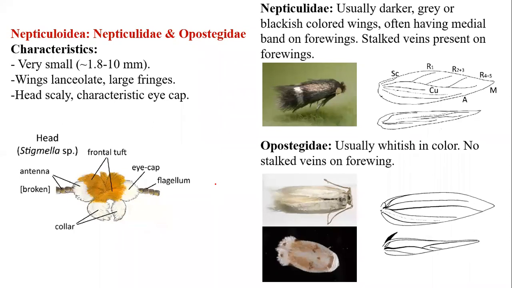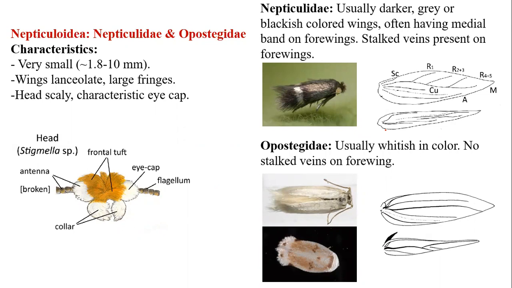And whenever we need to identify this group, we can see several characteristics. For example, they are very small sized moths, and their wingspan can range from 1.8 millimeter to 10 millimeter. You are already understanding that they are very small moths, and this is why some people call them pygmy moths.